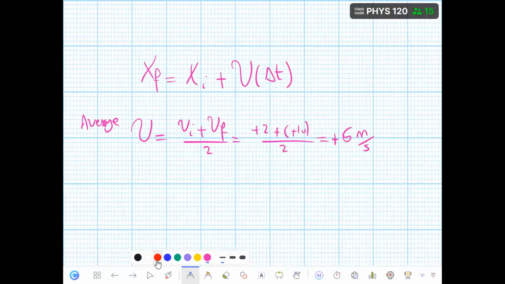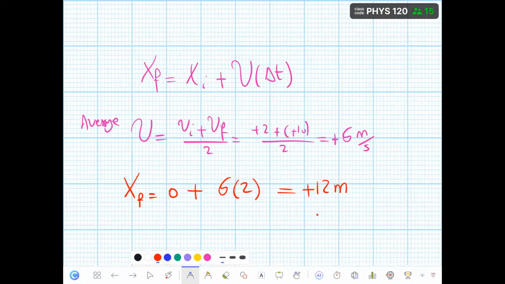I'm trying to find the final position. What was the initial position? 0. Perfect. 0 plus the average velocity, 6 meters per second. How many seconds did it take the person to reach there? 2. So what is the x final then? Positive 12 meters.